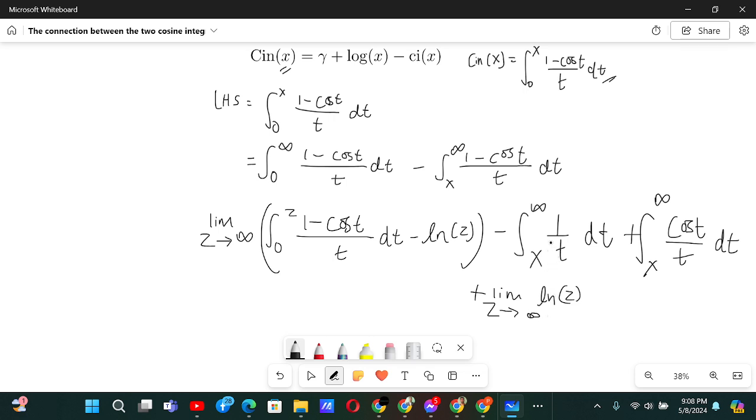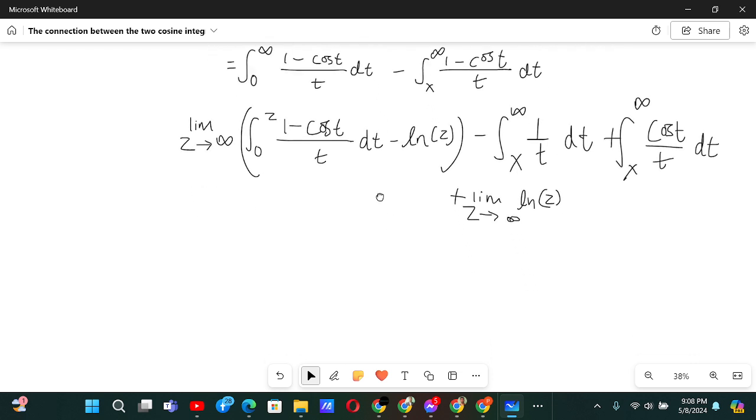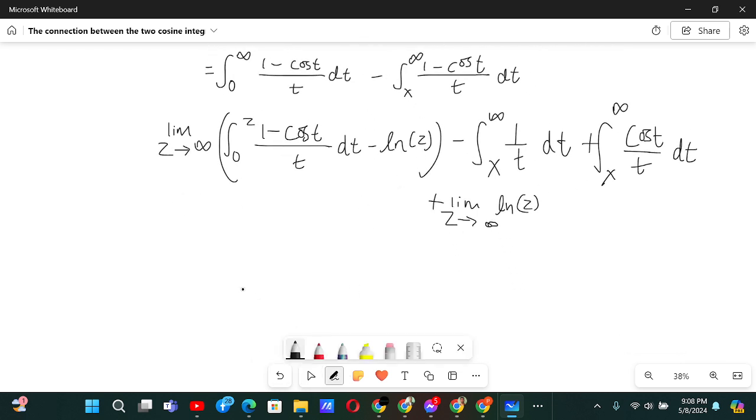Now we see that here it's just minus ln of infinity plus ln of x, so these two infinities will cancel each other out. Effectively, this is the Euler-Mascheroni constant, and then we have just plus ln of x, and then plus, now this is just minus of the Ci function.